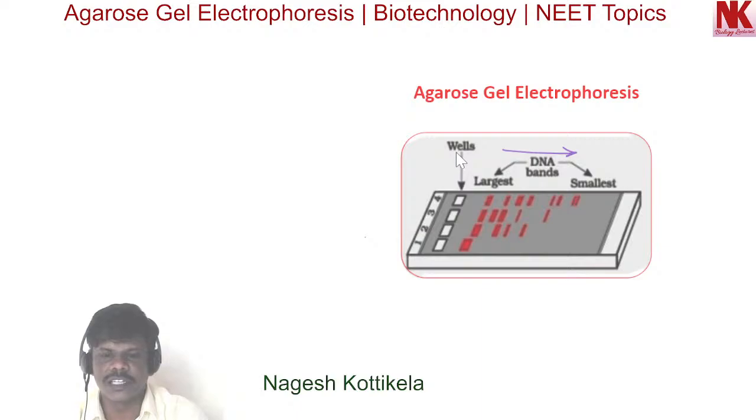These are the wells in which the sample is first of all loaded, and the DNA fragments will move in this direction. So this is agarose gel electrophoresis. Here this is the matrix which is used, that is what we call agarose gel.